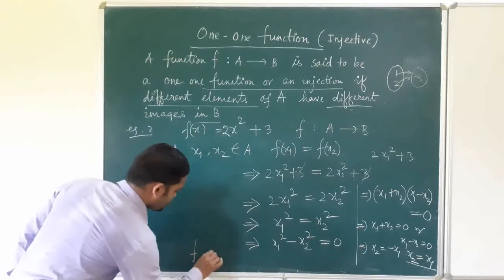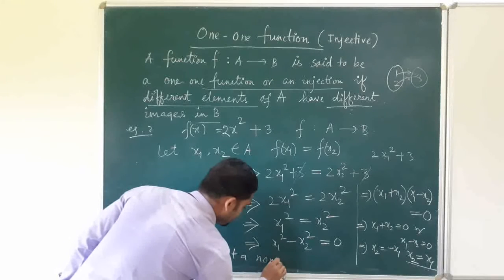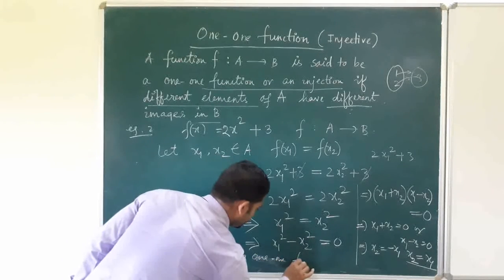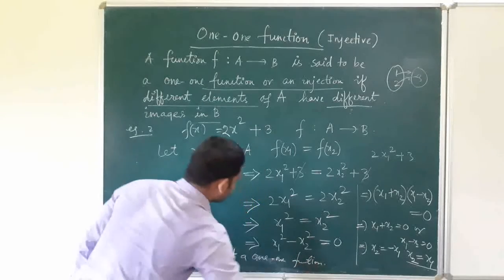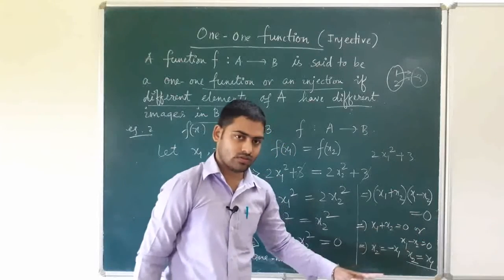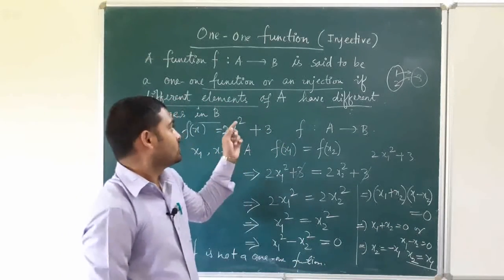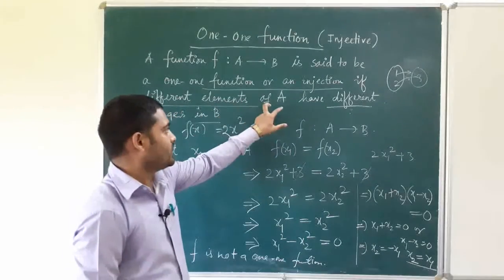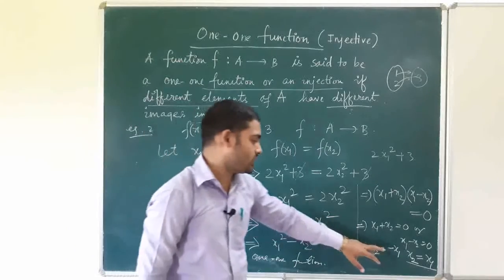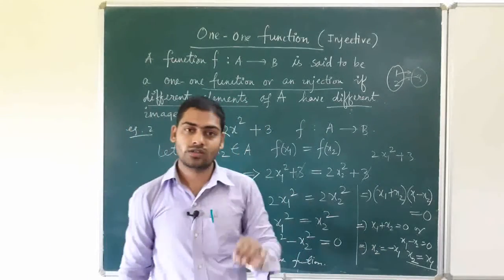So f is not a 1-1 function. Here you are getting two values. 1-1 means different elements of A have different images in B, but here we are not getting such. So this function is not 1-1.